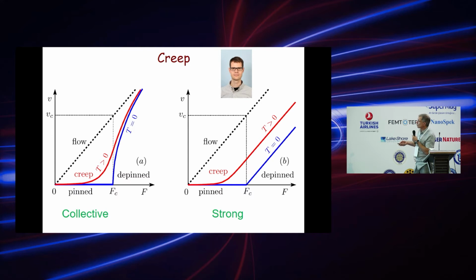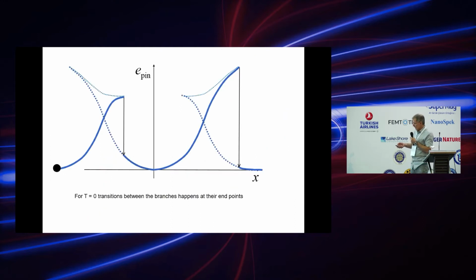So then we try to, okay, so how to describe first this creep in the strong pinning theory. If temperature is 0, then there are these two branches, and transition between branches comes at the end point. So boom, jump here, then goes to another branch, comes to the next end point, jump, and so on.